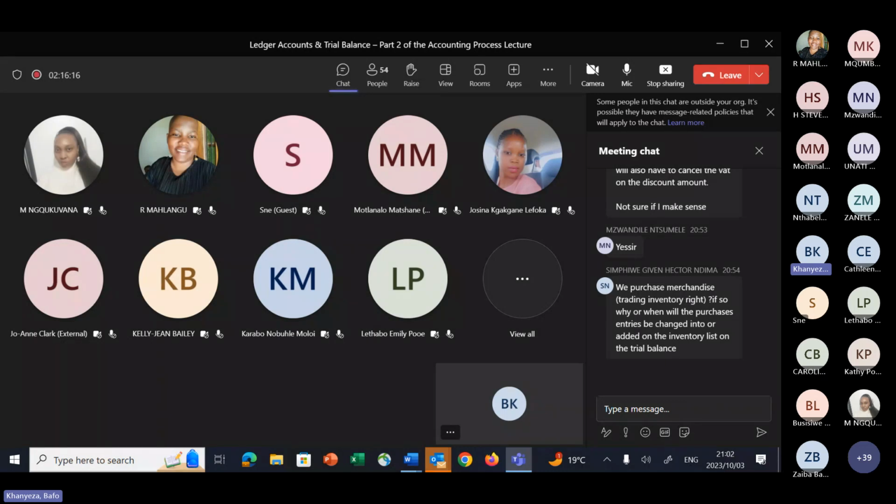Okay, here they are using what is called the periodic inventory system. With the periodic inventory system, when the year starts, they do a stock count. So it will change again at the end of the year once another stock count is done.